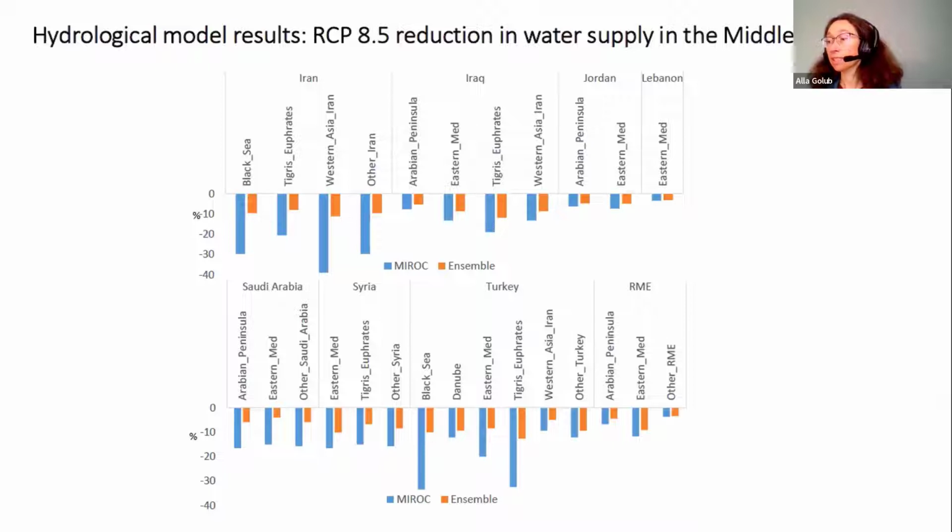Results based on the ensemble suggest that Turkey will experience the largest relative reduction of 12% in the Tigris Euphrates river basin. Overall, results based on MIROC and the ensemble agree that Iran, Turkey, and Iraq will experience larger relative reductions in water supply than other countries and basins, and Lebanon seems to be the least affected.